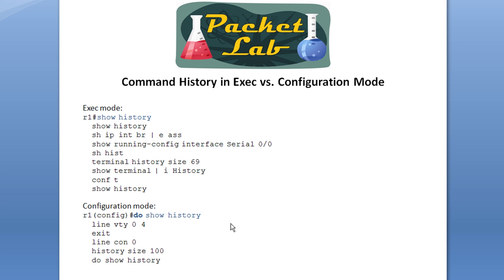You'll use this a lot, especially if you're doing CCIE labs or prepping a bunch of routers for basic router configuration. I have a number of commands that I generally do, and if I'm setting up routers, especially in a lab situation, I'll configure them on one router, do show history, grab them and just paste them on the other ones.